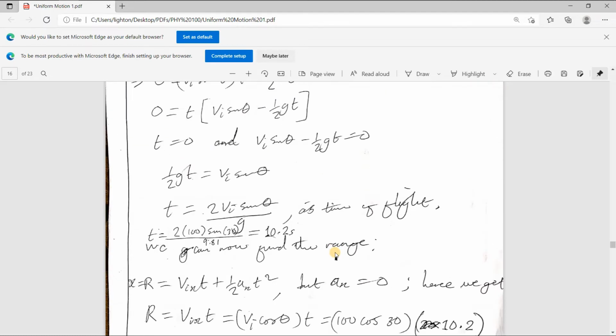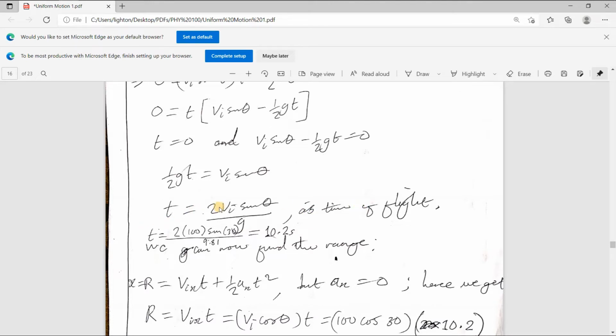Now taking this equation and solving for time, we have half g t equal to v_i sin theta, and making t the subject of the formula, we have 2 v_i sin theta over g as the time of flight.